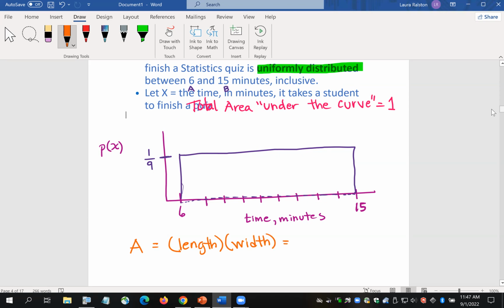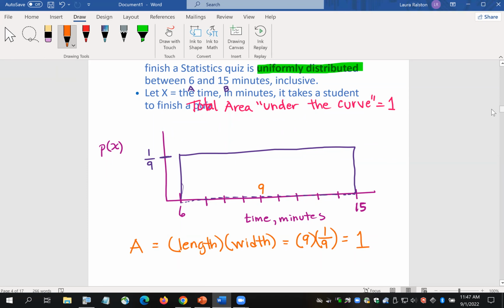Well, the length of my rectangle goes from 6 to 15. So I have 1, 2, 3, 4, 5, 6, 7, 8, 9. It has a length of 9 units. The width, or the height, in this case, corresponds to the function itself, which was 1/9, or the probability, and 9 times 1/9 is 1.